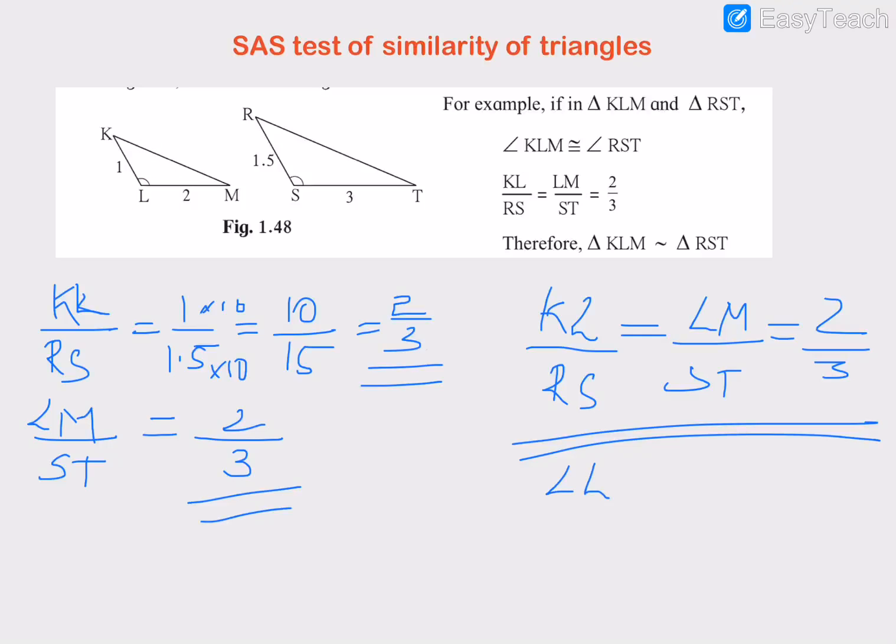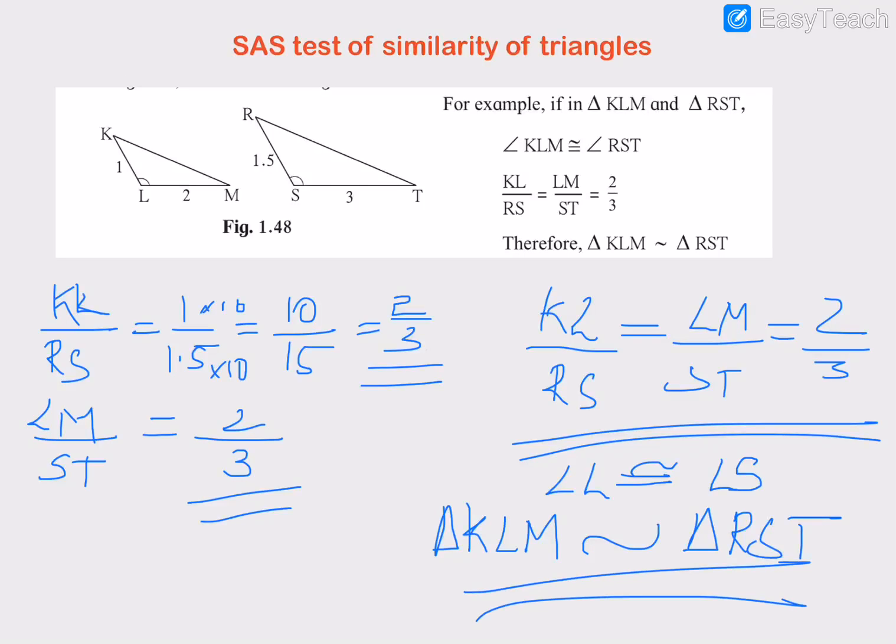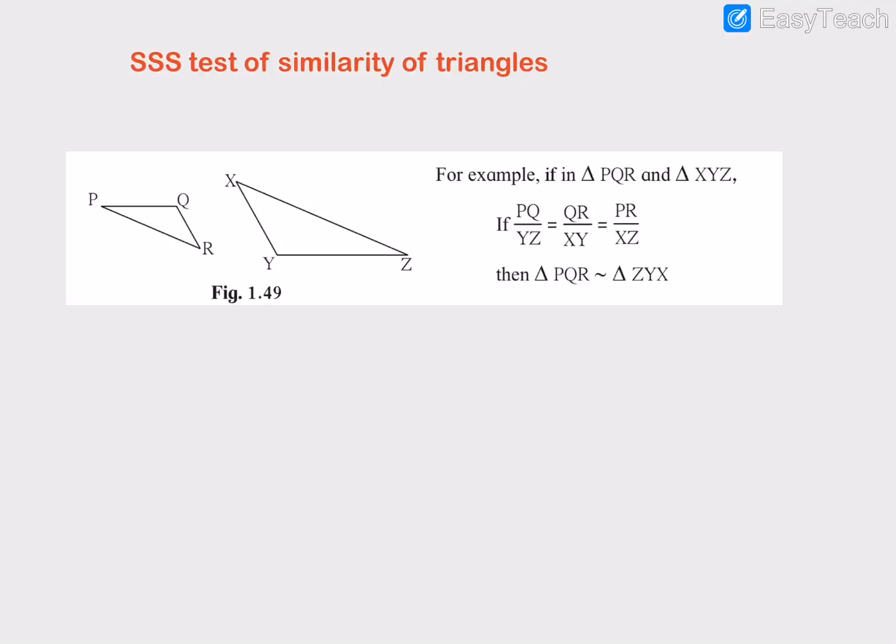So we can write that angle L is congruent to angle S. If these two conditions are satisfied, then according to the SAS, that is side angle side criterion of similarity, we can say that triangle KLM is similar to triangle RST. So this is the SAS test for similarity of triangles.